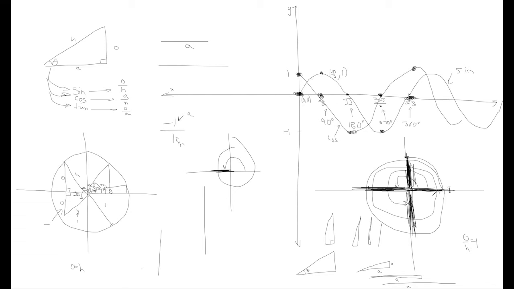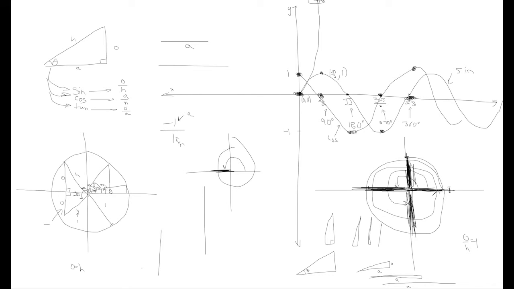So what this is going to do is approach a really, really large number, sort of like approaching infinity. The opposite side is getting really big, the adjacent side is getting really small, and you're going to get to this really, really large number. Okay.